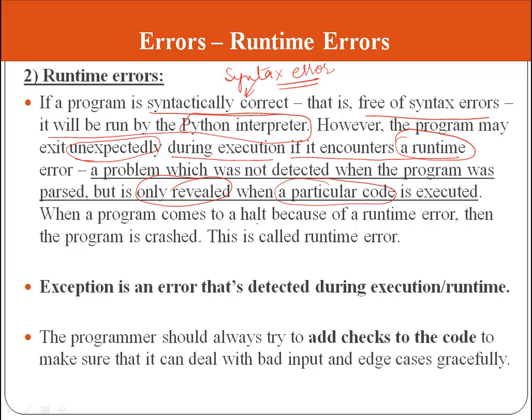When a program comes to a halt because of a runtime error, we say it has crashed. Now, what is an exception? We have looked at syntax error and runtime error. An exception is an error that's detected during execution or runtime. So whatever error has been detected during runtime is called an exception.